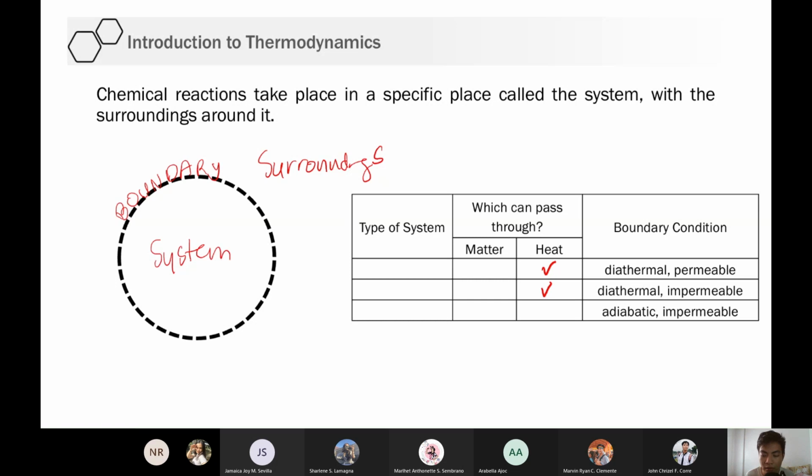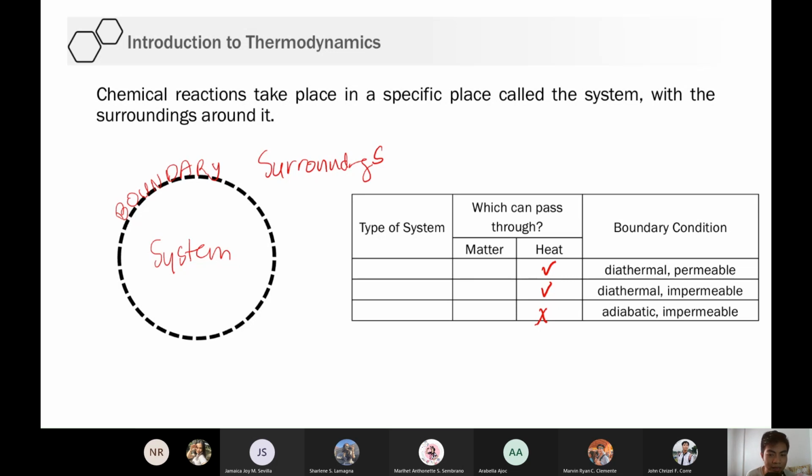Yun yung diathermal. When you say adiabatic, yun yung kabaliktaran. These are boundaries that do not allow heat transfer. Ibig sabihin, mainit man sa loob, pag hinawakan mo sa labas, hindi mo madadama yung init ng nasa loob. Magbigay kayong example ng ganon.